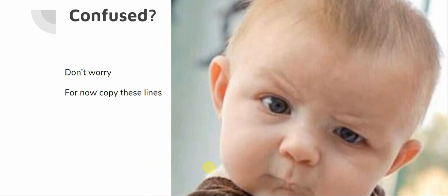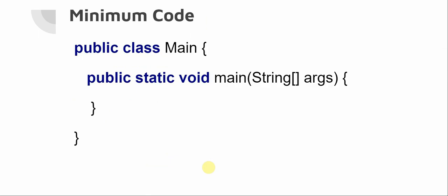Okay, are you still confused? Don't worry, you don't need to memorize them for now. You just have to copy paste them whenever you want to use them. With the passage of time, we're going to learn all these things. This is the minimum code that is required. The Java program will try to find a method with the name main with all these signatures, so the exact signature, and start executing code from this method.